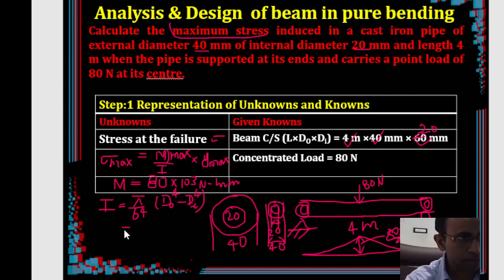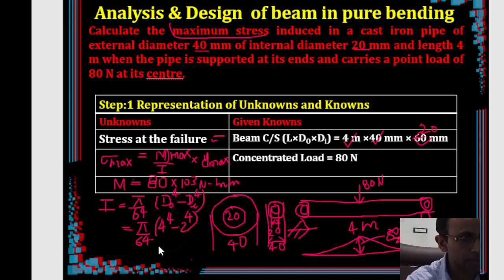So you will be getting some value of I here, right? Now, while doing calculation, it is always better to use reasonable units so that your calculation will be simple. For example, if I use centimeters, that will be simpler. So pi by 64 times 4 to the power 4 minus 2 to the power 4. That becomes an easy calculation.